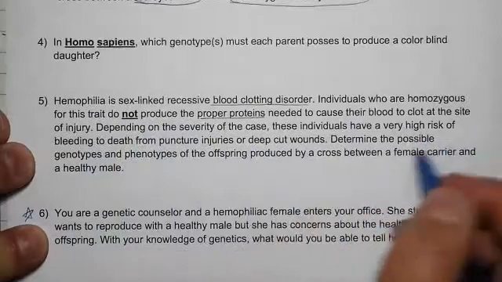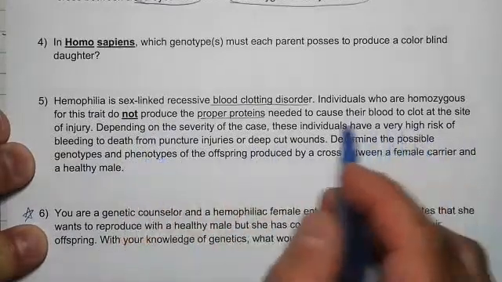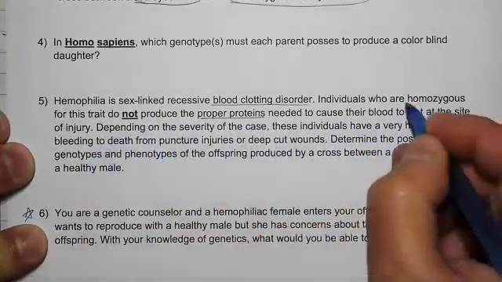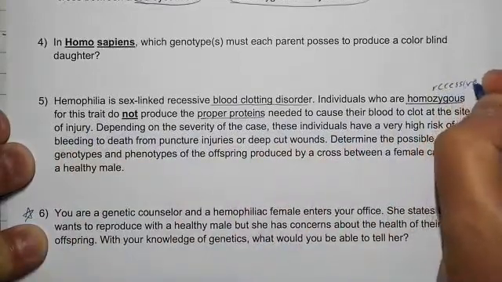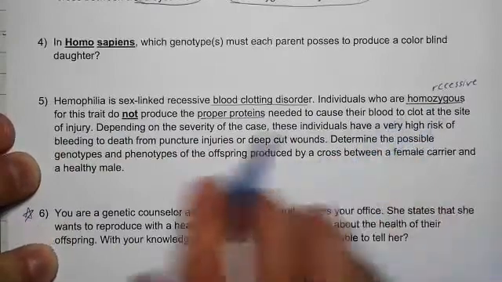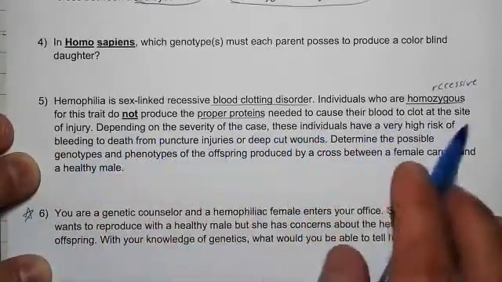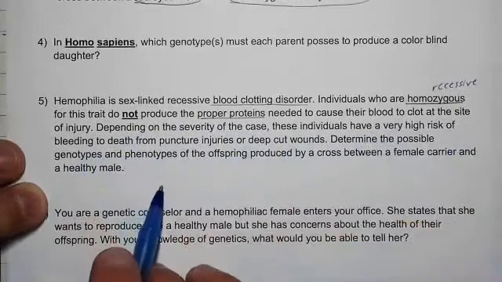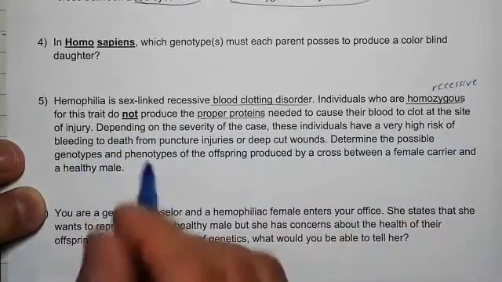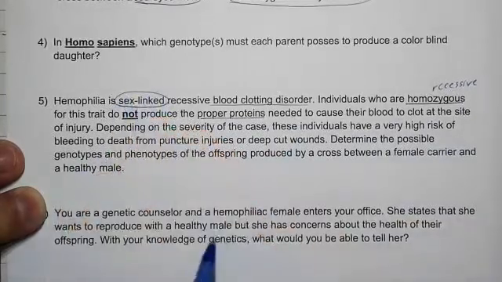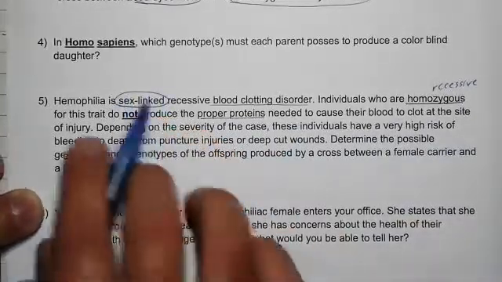Now, if you're homozygous and this is a recessive, individuals homozygous for this trait do not produce the proper proteins for blood clotting. So if you have the recessive, then it is going to cause this disease. And it is sex-linked. Make sure that they also told you that. So that's telling you about hemophilia.